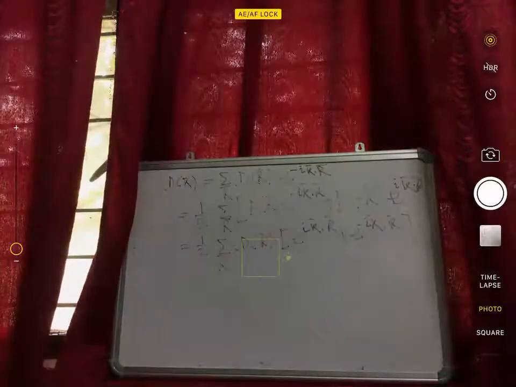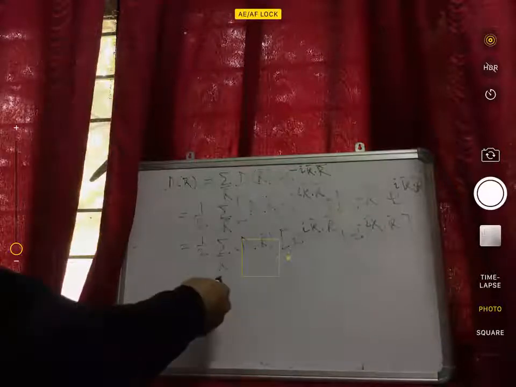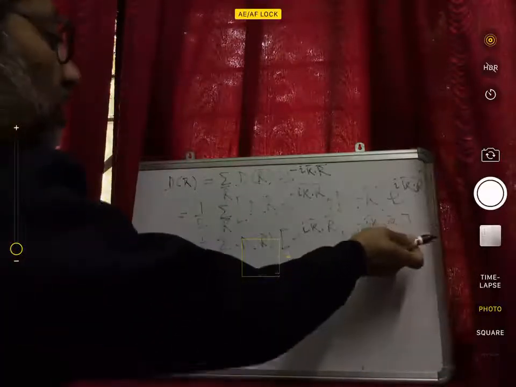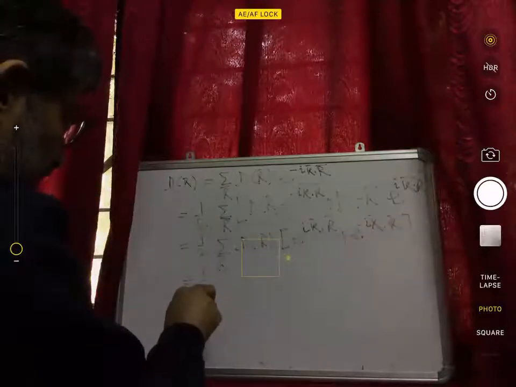Okay. But then the sum over R of T of R was 0. That was the third symmetry property we derived. So I can easily add a constant here without changing the value of this.